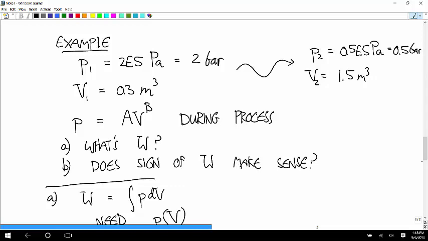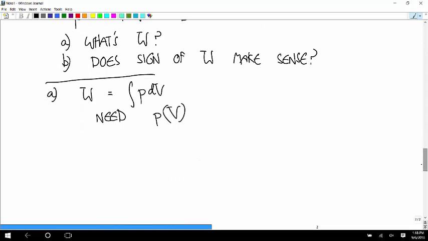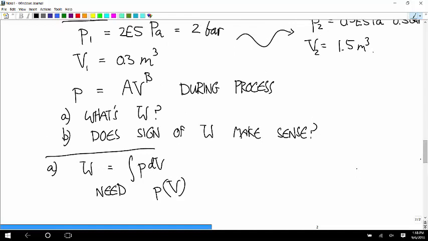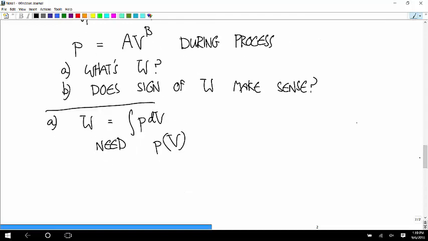And that equation could look like anything, it could be sine of A times volume, or a linear function. But if you have two parameters you're solving for, you're going to need both of the pressure and volume at both spots. Okay, so to solve this, it's basically a system of two equations for two variables.